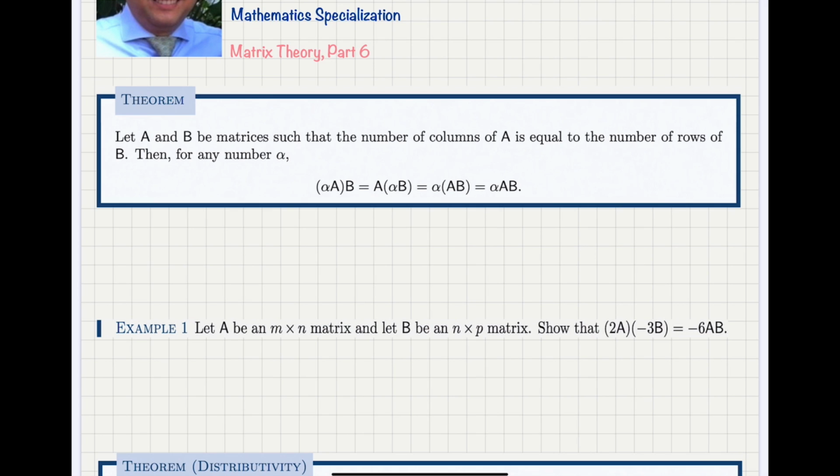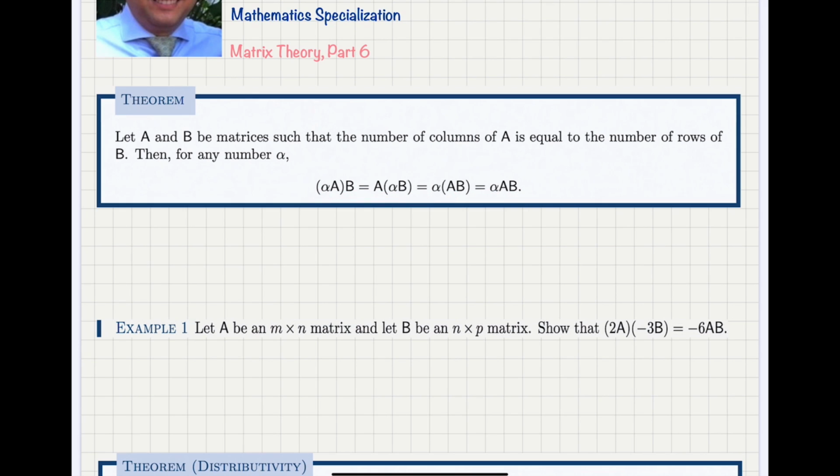It's not that hard to predict this. It tells you that if you have two matrices A and B, of course the number of columns of A has to be equal to the number of rows of B. If that is the case, and alpha is a number, there is no difference between these combinations.